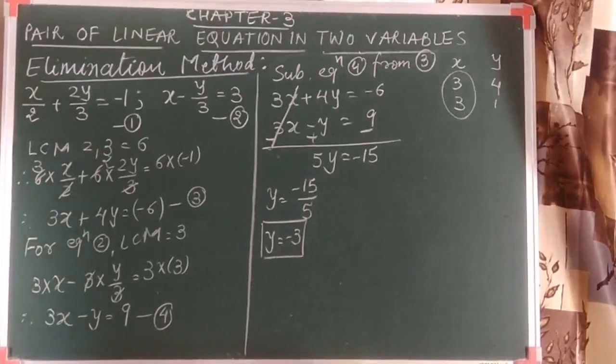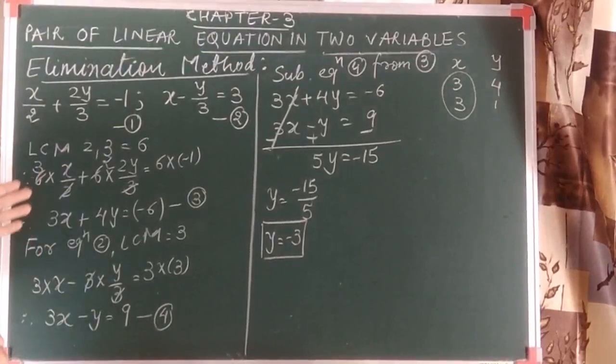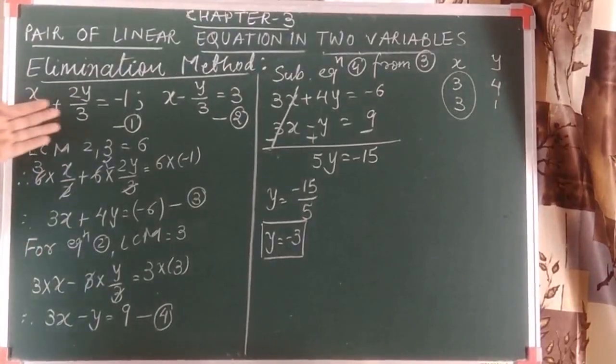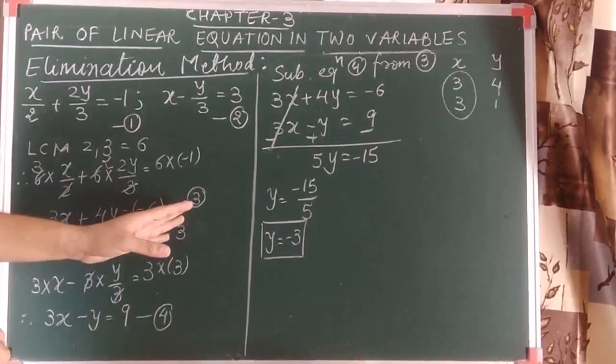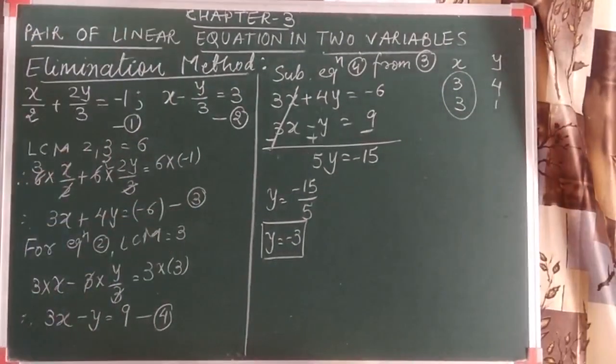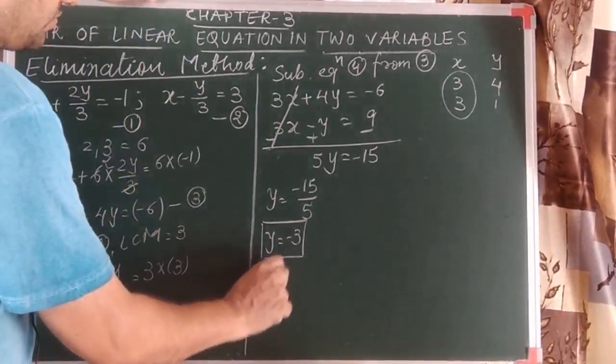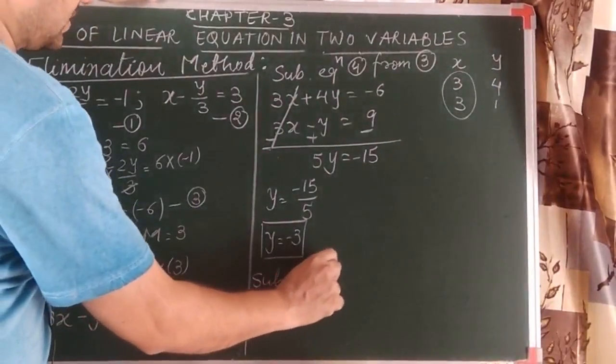As we obtain y, now remember to find out x also. You can substitute in the first, second, third or fourth equation. It is easy. You will substitute this value either in the third or fourth. So let us write down, substitute the value of y in equation 3.